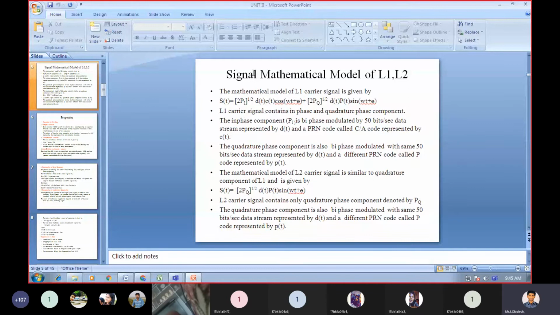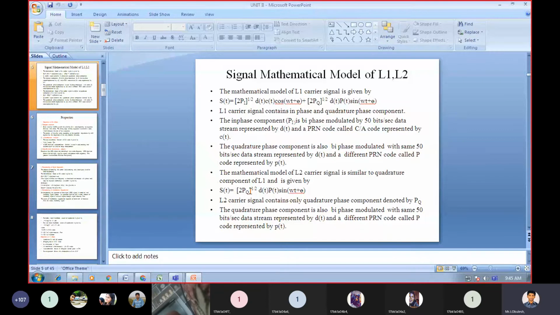So here we have C of t, which is C/A code, and P of t, which is the pseudo random noise code called P code.